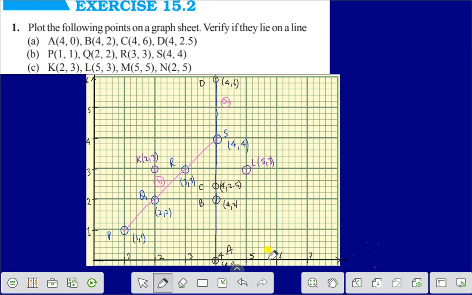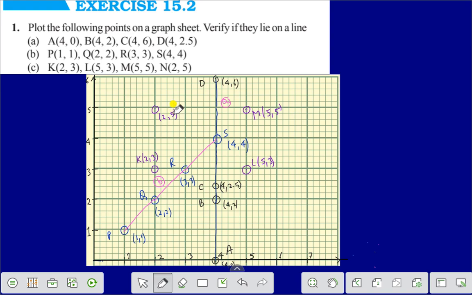Then M is (5, 5). This is 5 and y is also 5. And N is (2, 5), x is 2, y is 5.